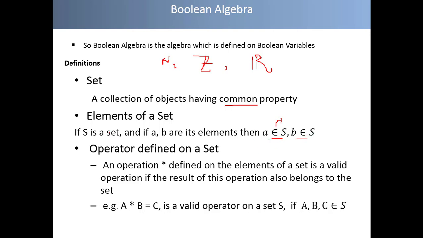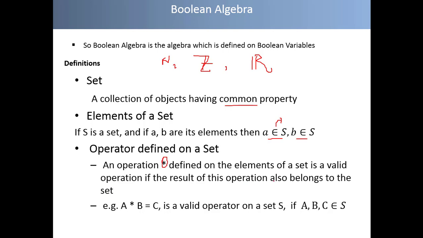Once we have the members of a set, we define certain operators on these members. An operator, denoted as an asterisk, is a generic operator; we don't know its function yet. We say that an operator defined over the elements of a set is a valid operation if the result of this operation also belongs to that set.